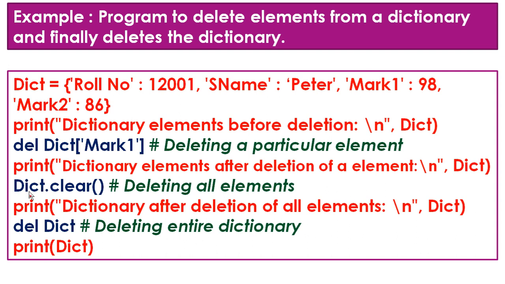And the next command is used to delete all elements of the dictionary. Dict.clear, this code is used to delete all the elements of the dictionary.